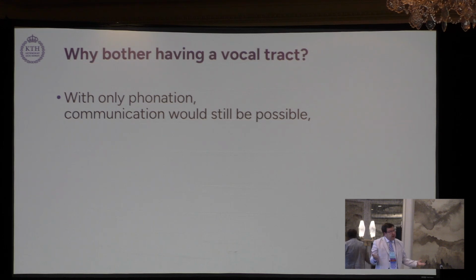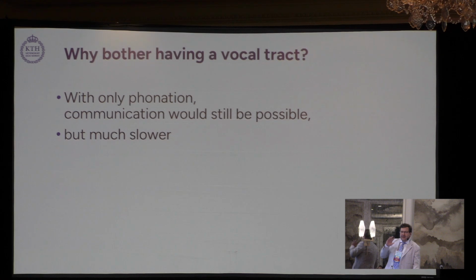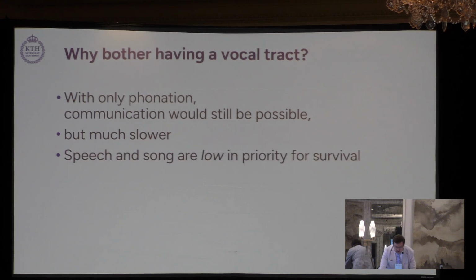And of course, with phonation only, communication is still possible. For example, we could do sort of Morse code and listen to the works of Shakespeare, but it would be much slower. So it's actually more efficient to have a vocal tract and do things like that, which modulates the sound, as we shall see.